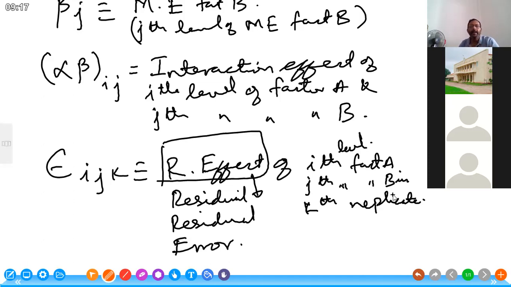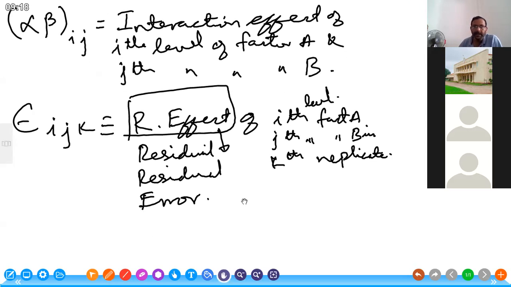Right. I don't know whether you have learned this. You have written the model in your CRD and RCBD. So all these effects, I think you could have written very carefully. For example, in RCBD and CRD, you have done this.